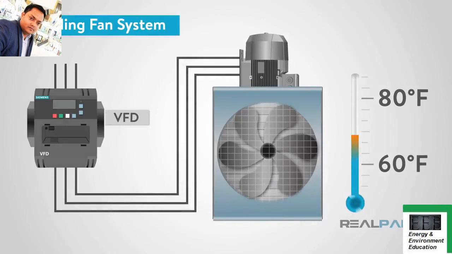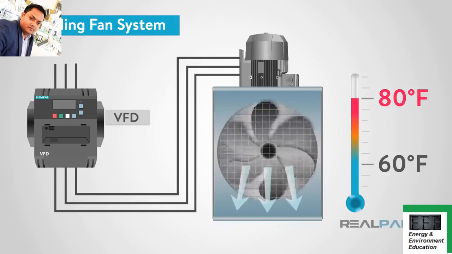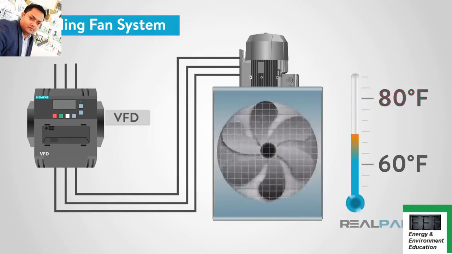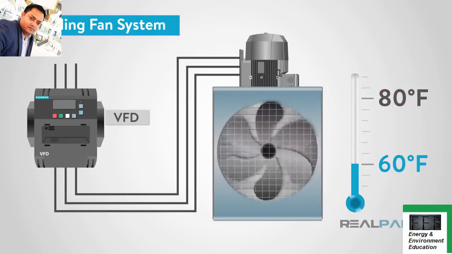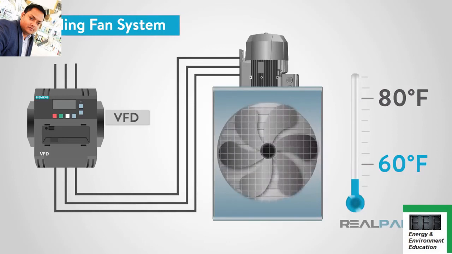The next application we will look at is a cooling fan. In this scenario, a cooling fan will turn on when the plant air temperature hits a high temperature set point. Once the set point is reached, the cooling fan will slow down to maintain the air temperature unless it drops below a low temperature set point, where it will shut off.